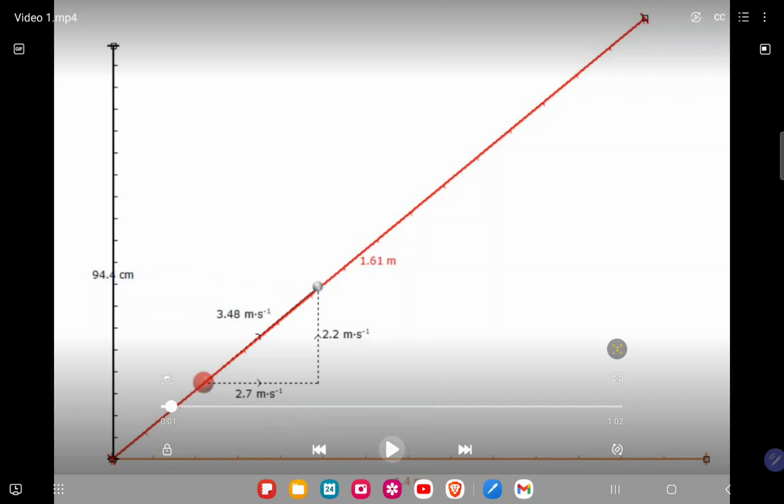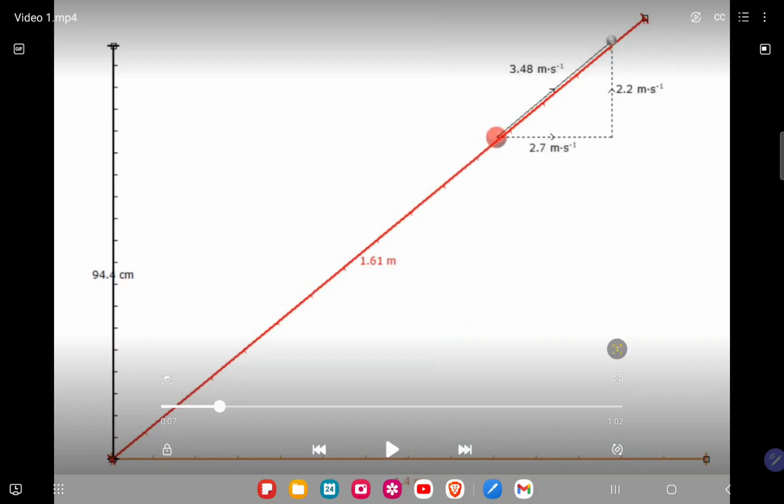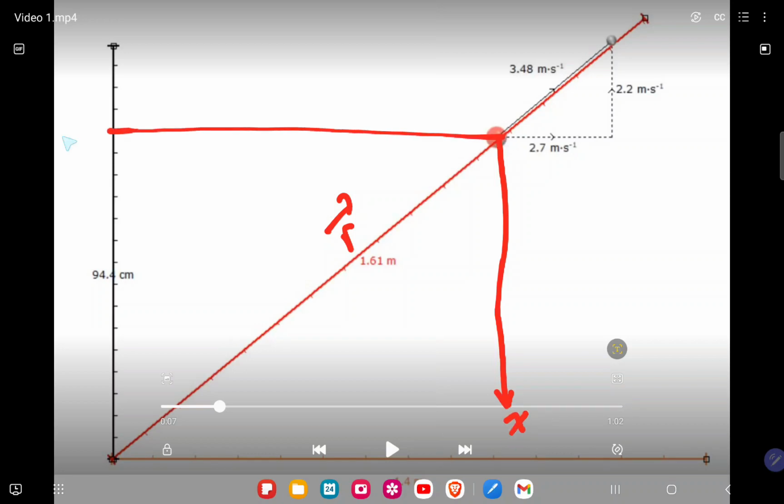The ball is moving along this path, and this vector is the position vector r. The intercept with the x-axis is x, and the intercept with the y-axis is y. The position vector r is equal to x i hat plus y j hat.